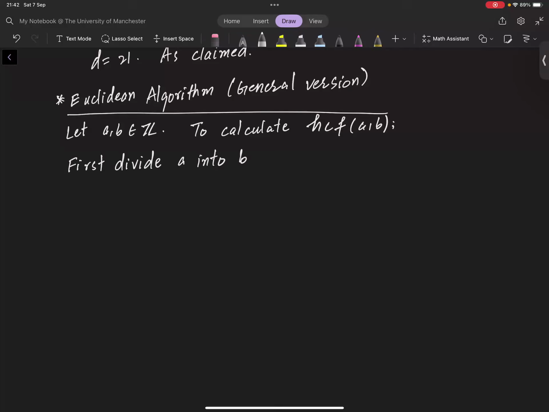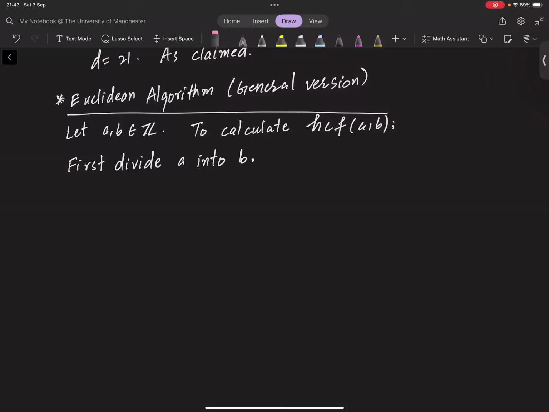A into B means divide B by A and then write B in terms of A, that is, how many times A plus something will be equal to B. And this is saying getting quotient Q1 and a remainder.